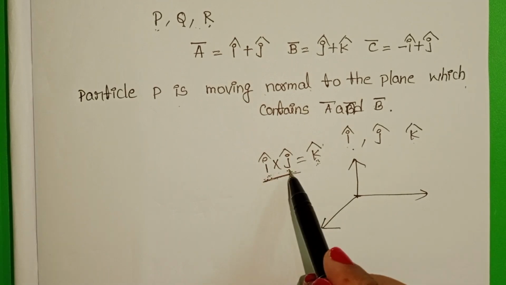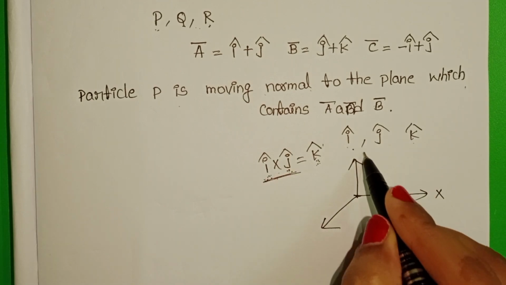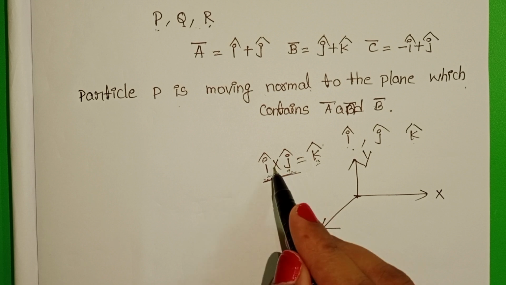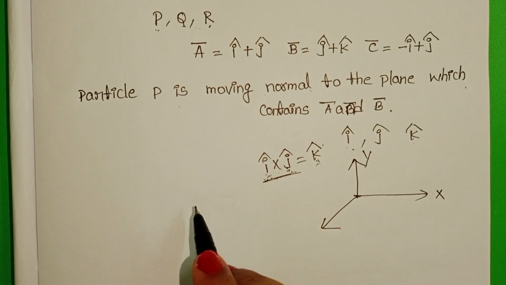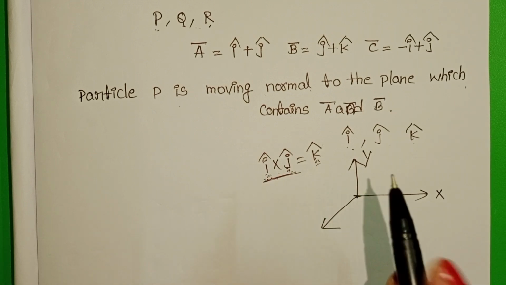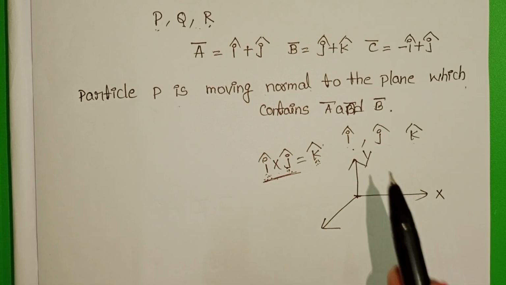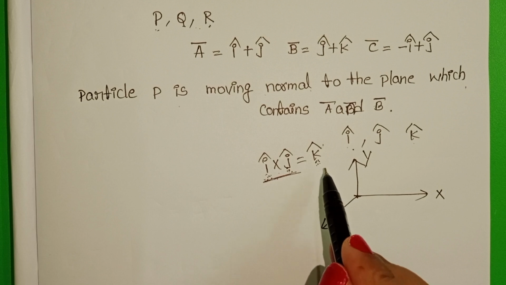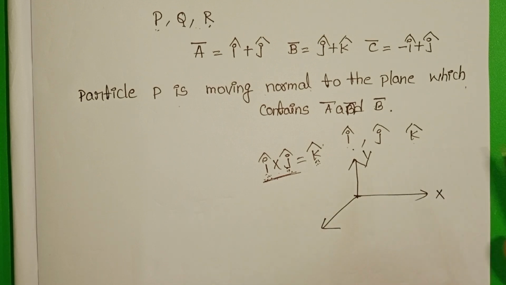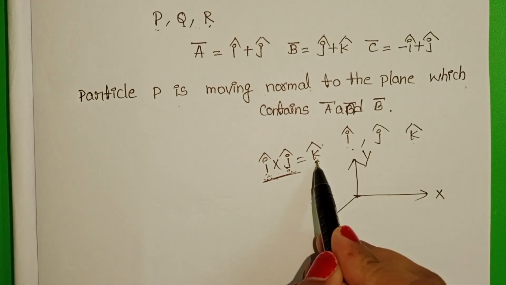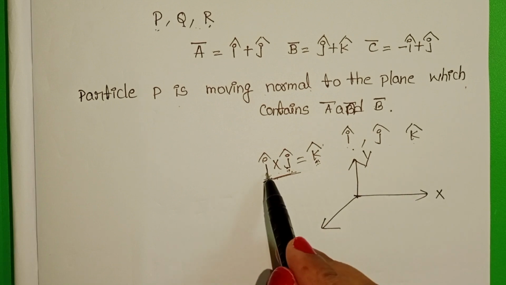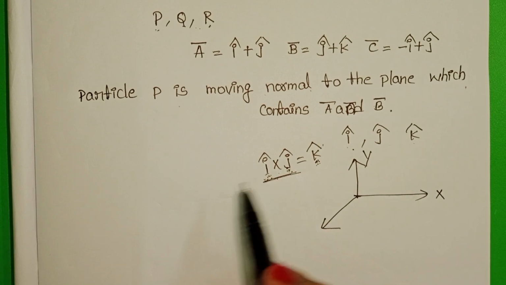Here i cap and j cap are in the xy plane, and the cross product of these two vectors is perpendicular to k cap. So understand this point: the cross product of any two vectors is perpendicular to the plane containing the vectors. k cap is perpendicular to the plane containing i cap and j cap.